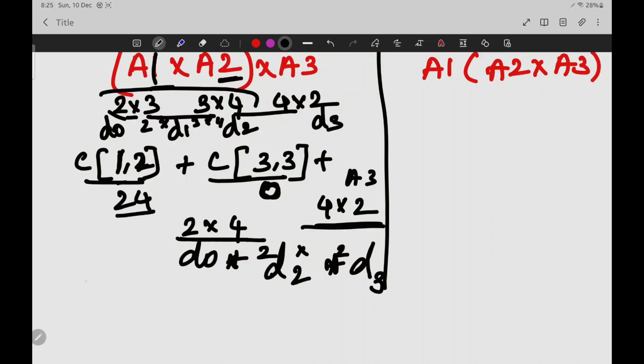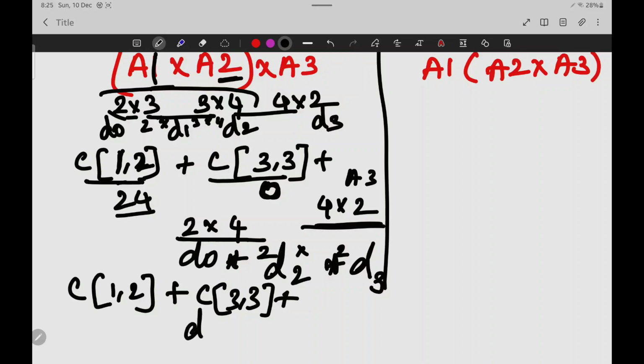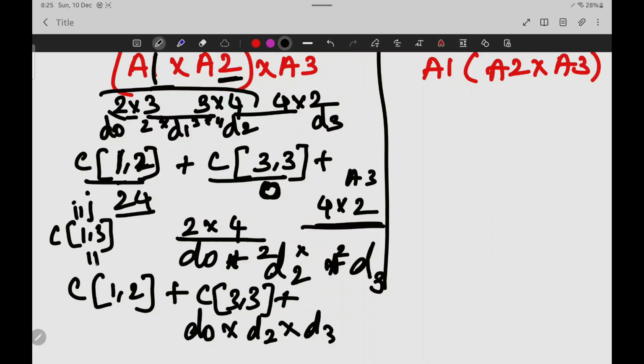So here totally we have C of 1, 2 plus C of 3, 3 plus D0 into D2 into D3. So what is the matrix here? C of 1, 3. I, j is nothing but equal to this.